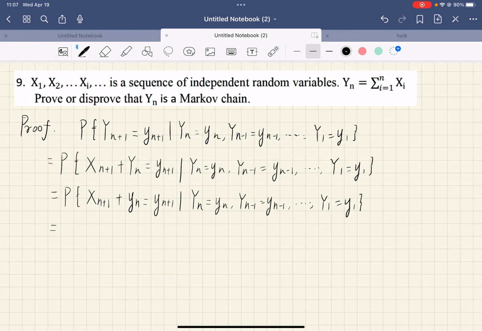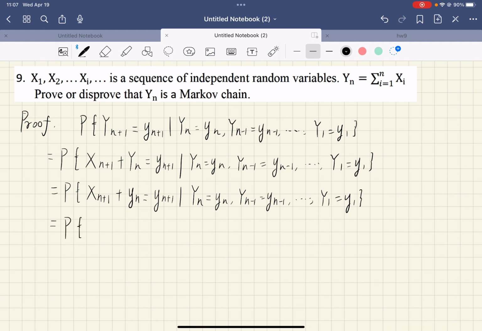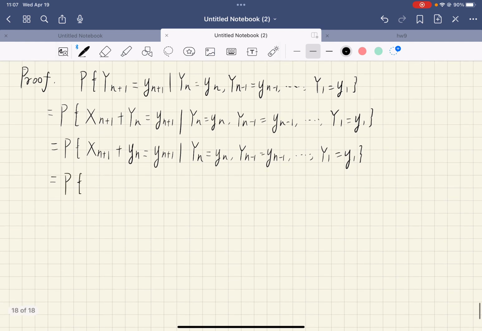And this should be equal to the probability of capital X n plus 1 equals lowercase y n plus 1 minus y n, based on capital Y n equals y n, capital Y n minus 1 equals y n minus 1, and so on, Y1 equals y1.